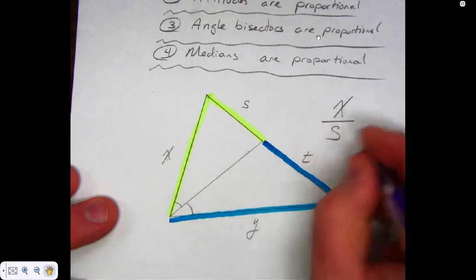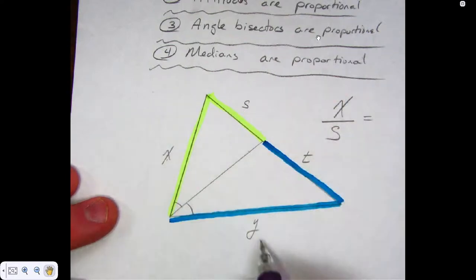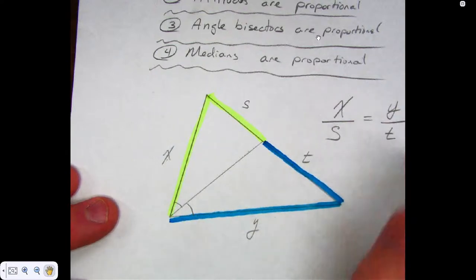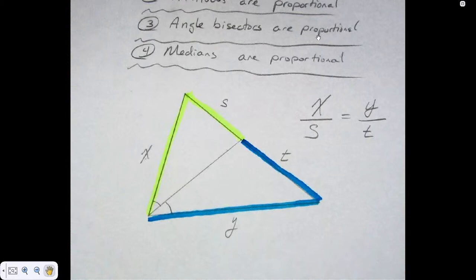S is equal to, what do you think is going to go on top over here? And what is the part on its side? That works out every time. Interesting, huh? Anytime you draw an angle bisector inside of a triangle, it breaks the side up proportionally. Let's write that down.